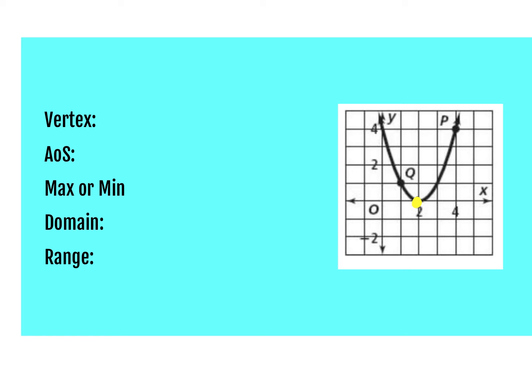I couldn't tell at first. So it looks like this would be the origin. So we're looking at a vertex of (2, 0). Axis of symmetry is the value that we have for x. So the axis of symmetry would be x equals 2. In this case, we have a minimum. So that minimum is actually at 0.